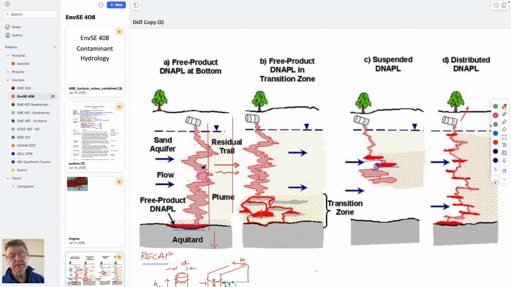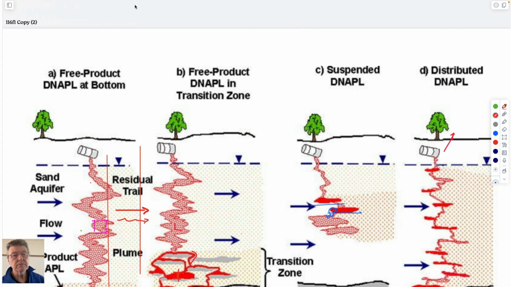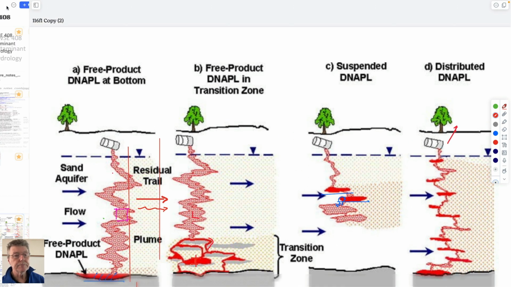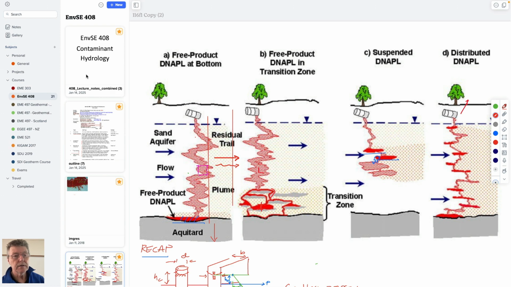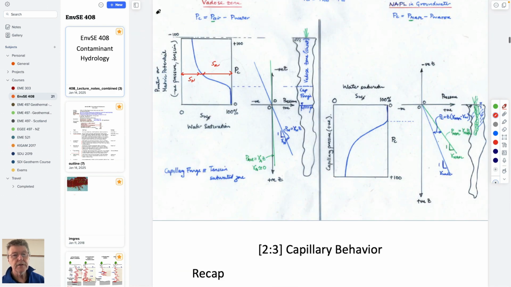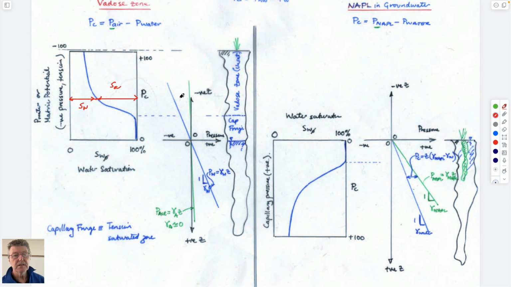And we can rationalize exactly what those distributions should be by using this kind of process. We don't need to do that here, but notice for now that this is a capillary pressure versus saturation curve, which we're overlaying starting at the water table where the capillary pressure is 0 and going upwards.